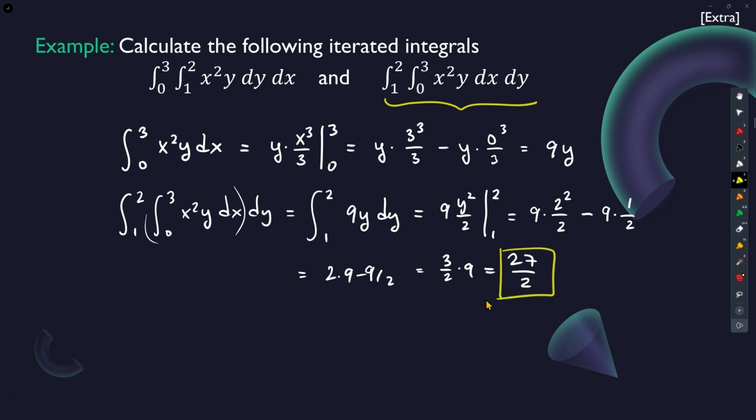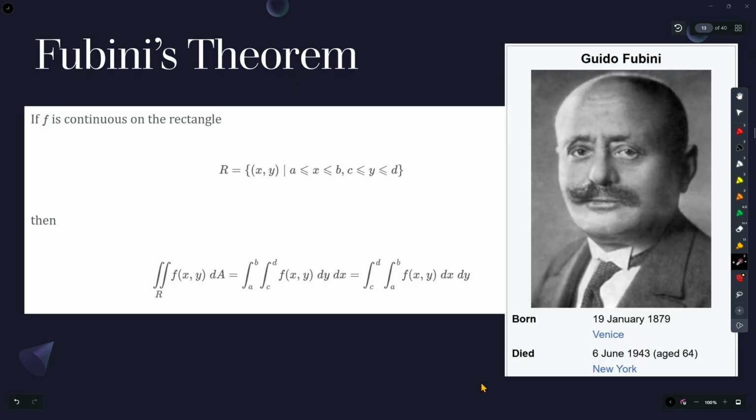Notice that the answers coincide, but the work itself is different. The integrals that I had to do are different, but we did get the same answer. Is that true in general? And the answer is yes. That is called Fubini's theorem, at least for functions that are continuous on that rectangle.